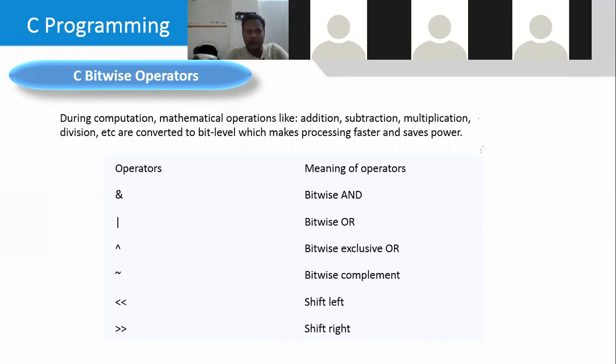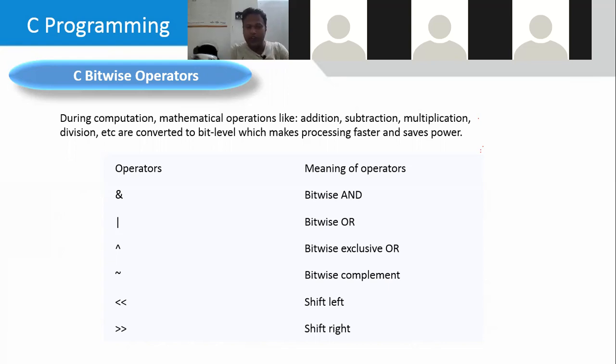C bitwise operator. During the computation, mathematical operations like addition, subtraction, multiplication, division are converted to the bit level. What is that bit level? Computer only understands the 0 and 1 format.